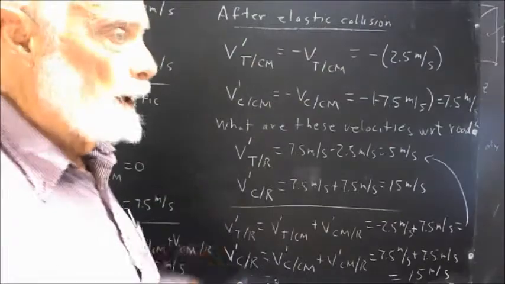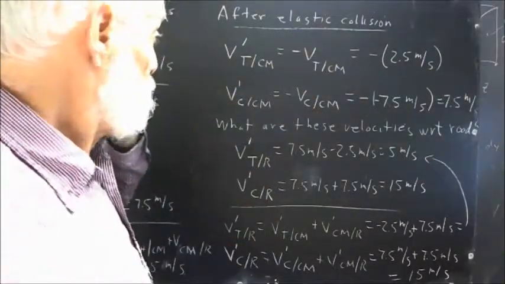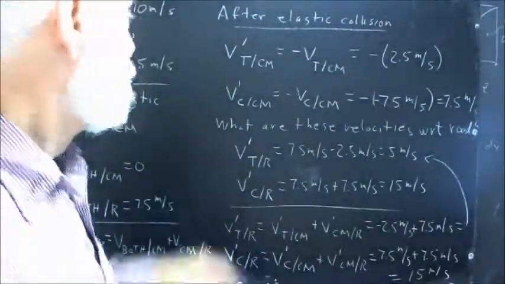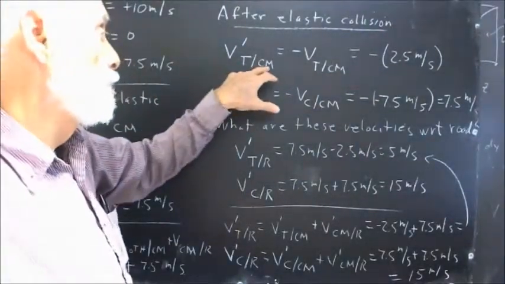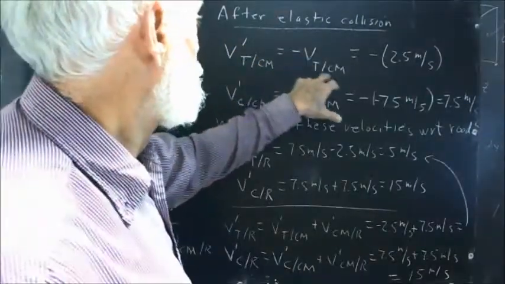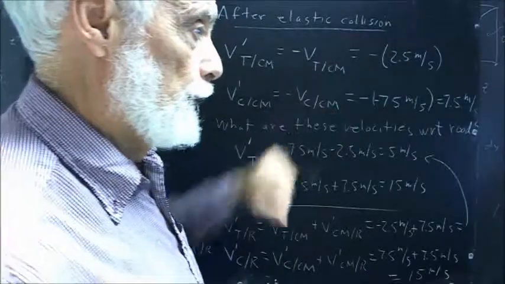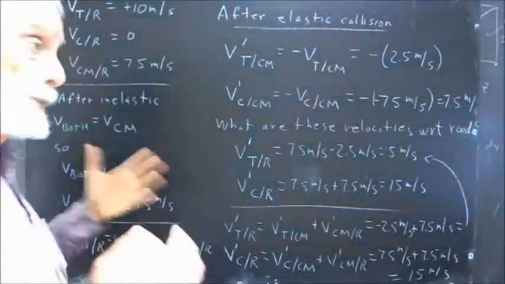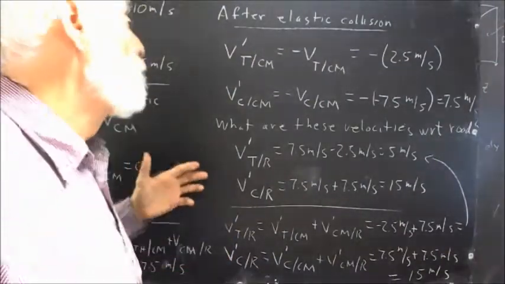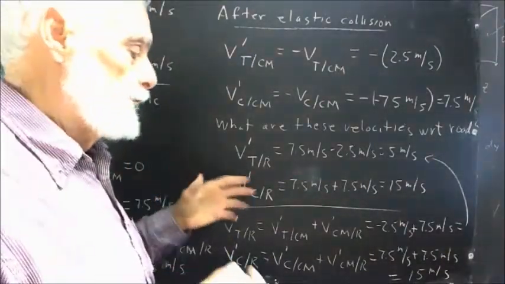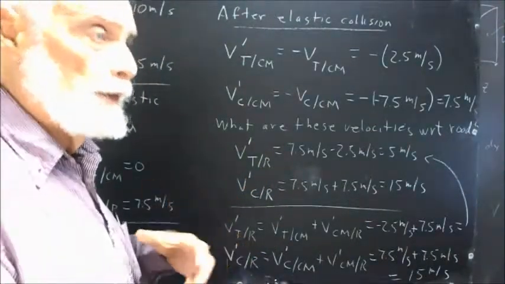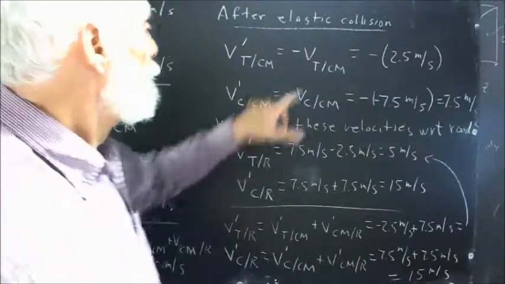With the subscripts, we kind of sort that out, but we want to be sure that we think it through intuitively to understand what the solution is telling us. Okay, so the velocity of the truck with respect to the center mass after collision is equal and opposite to the velocity of the truck with respect to the center mass before collision. Basic principle of completely elastic collisions is that the speeds of the two objects with respect to the center mass don't change, but their velocities reverse direction.